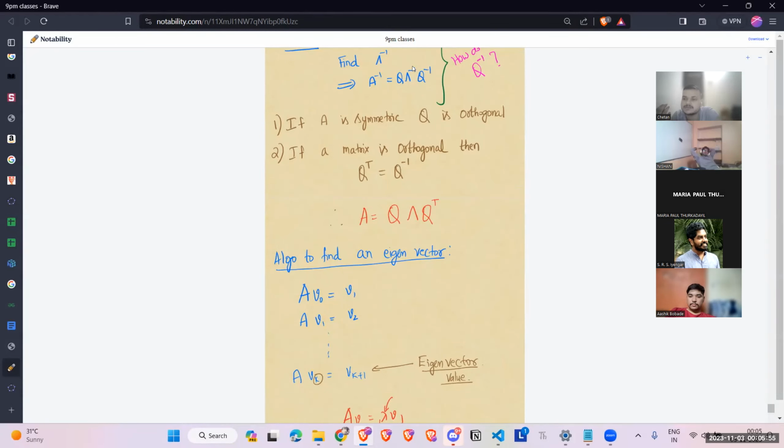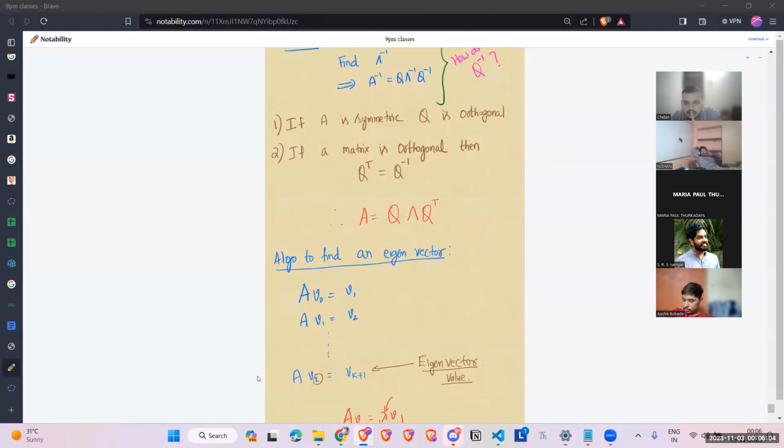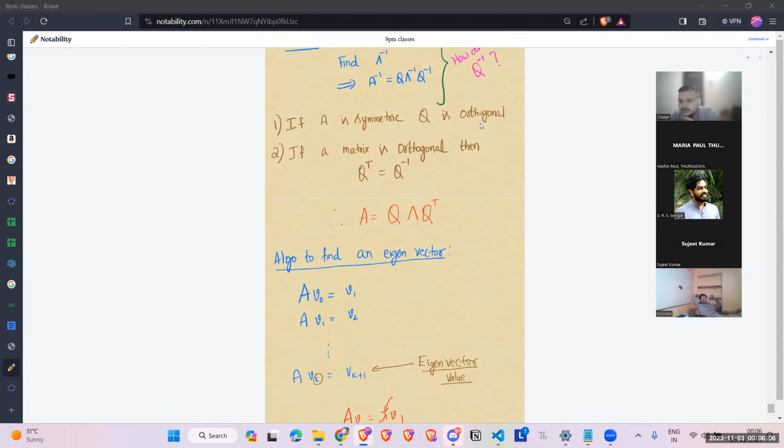You do it k times, some n times, and you will observe after a point your input value and your output value are scalar multiples of each other, very close to each other. And then you observe that you've got your one eigenvector.